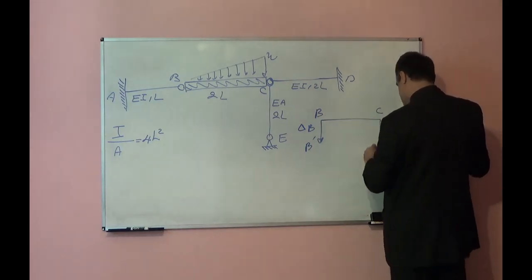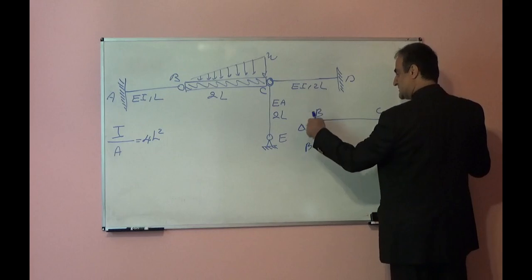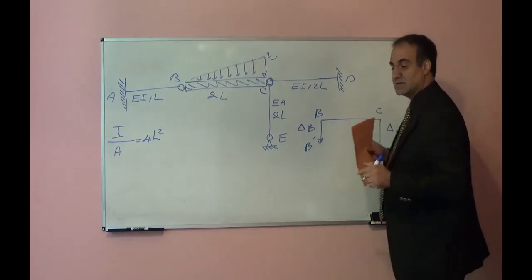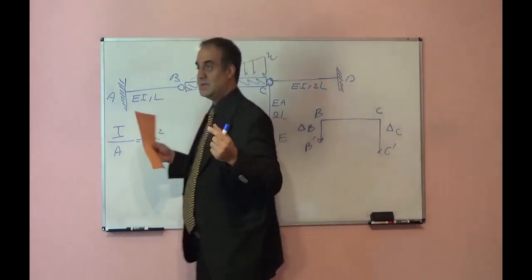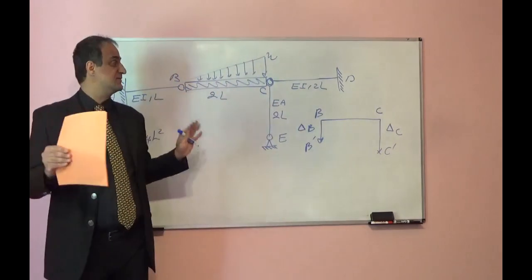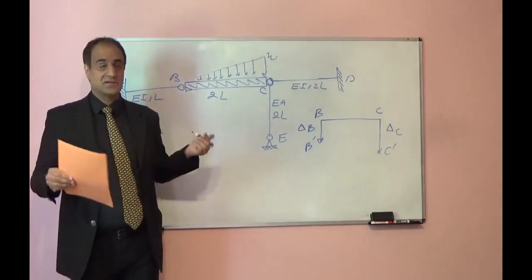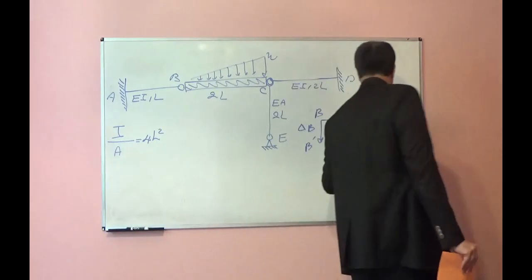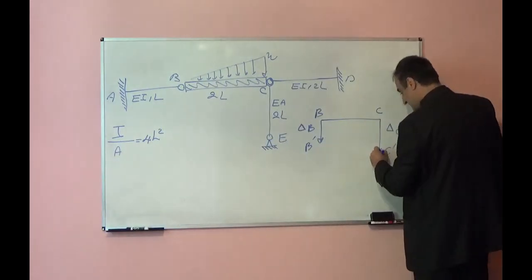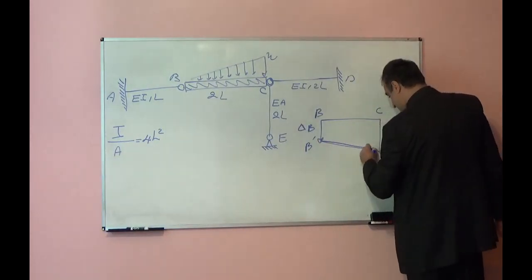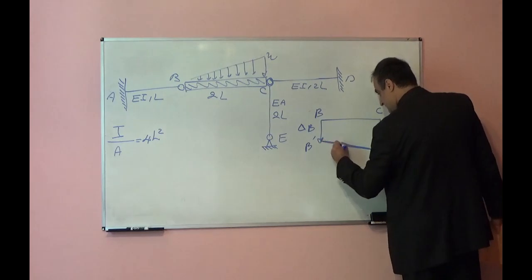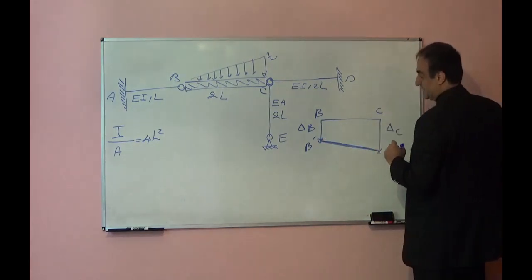Initially it was horizontal. Delta B and delta C can sometimes be equal, but in the general case they are not equal. So it will move down and it will rotate. So you will have a trapezoid shape, something like this.